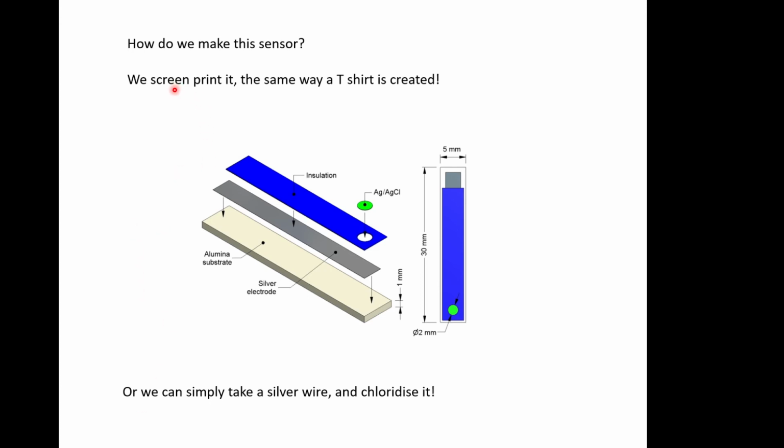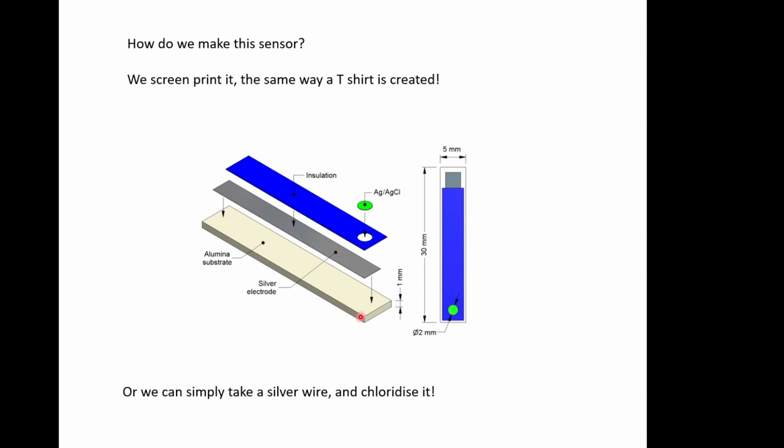We want a robust one that's cheap, so we ended up printing it. So we ended up with an alumina substrate, so that's a bit like a ceramic tile, a small one in this case, because we're only about 5 millimeters across here, 2 or 3 centimeters long, probably 3 centimeters. And so we take that and then we print down an insulation layer. We print down first a silver layer, because this is a silver chloride system.